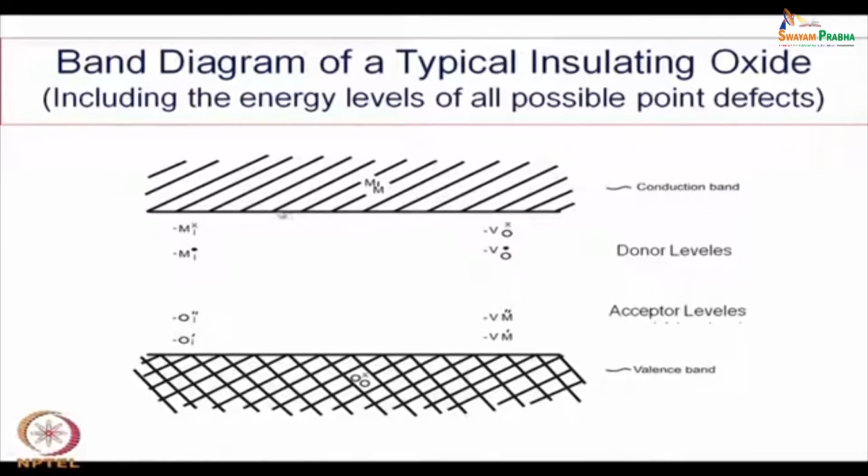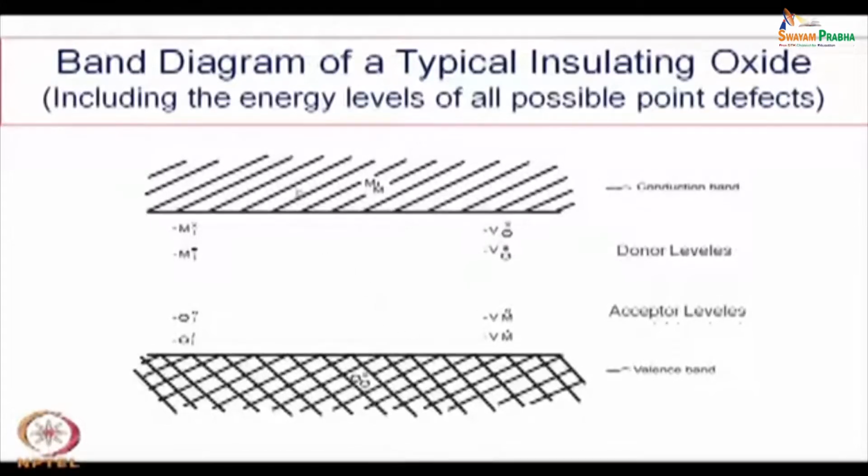These different types of point defects also have energy levels, that means the electrons associated with them have energy levels which fall within the band gap, the main band gap of that particular oxide.